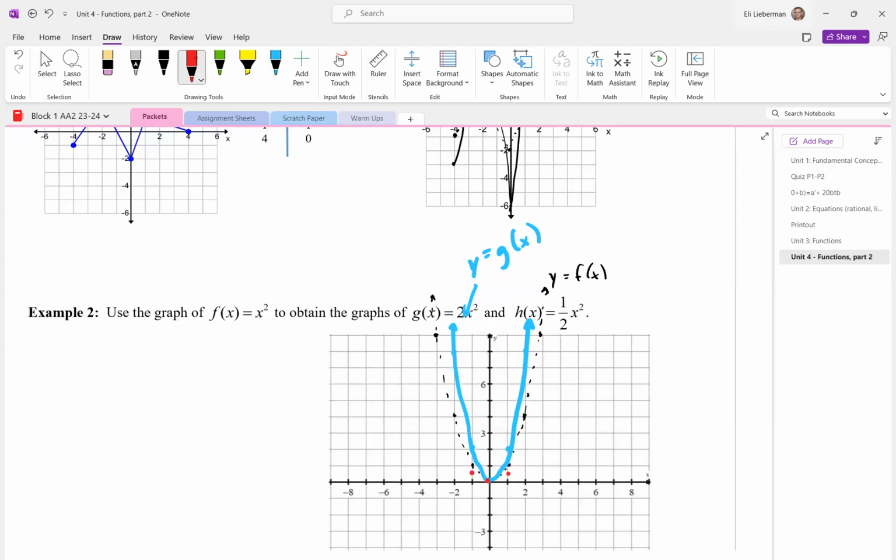Those x values aren't changing at all. It's just the y values. 2, 4 becomes 2, 2. It used to be 3, 9. It's now 3, 4.5. I hope this is comfortable for you.